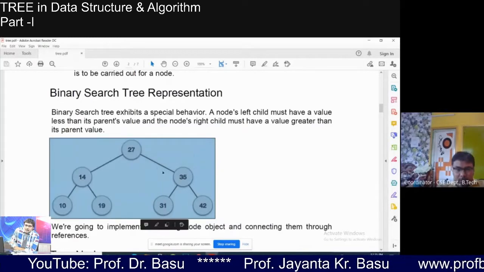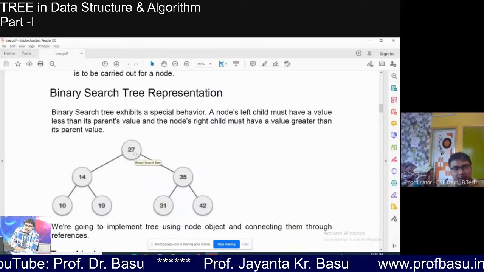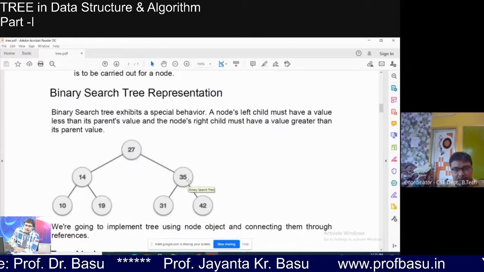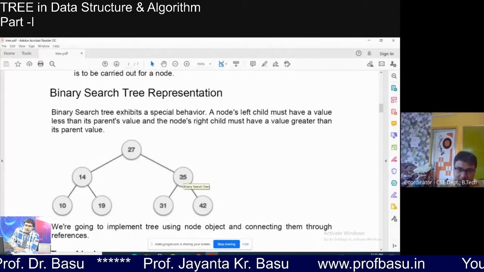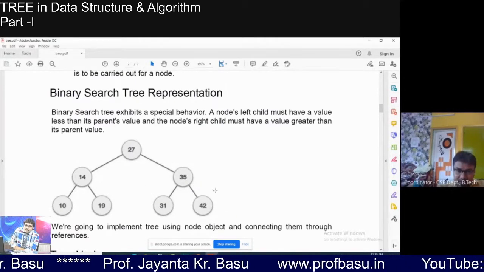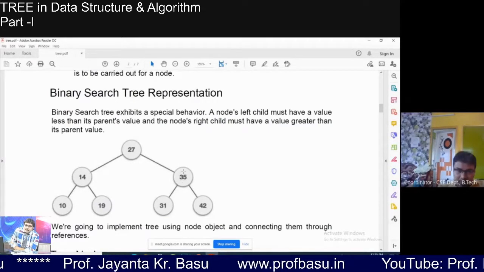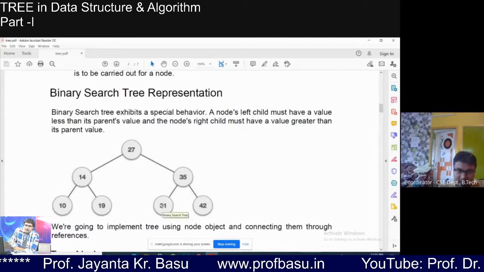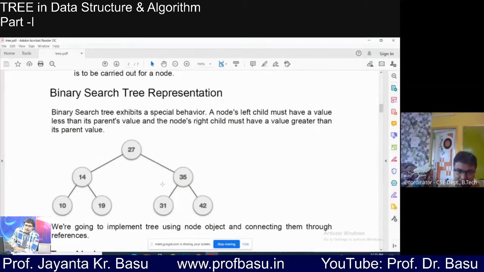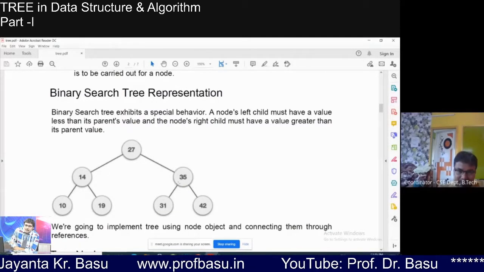So all the nodes in the right subtree have a greater value than this node. 35 is greater than 27. 42 is greater than 35. But here, this may be considered another subtree. So 31, the left node of this, will always have a lesser value than its root node. 35 is the root node of 31, so 31 is less than 35.